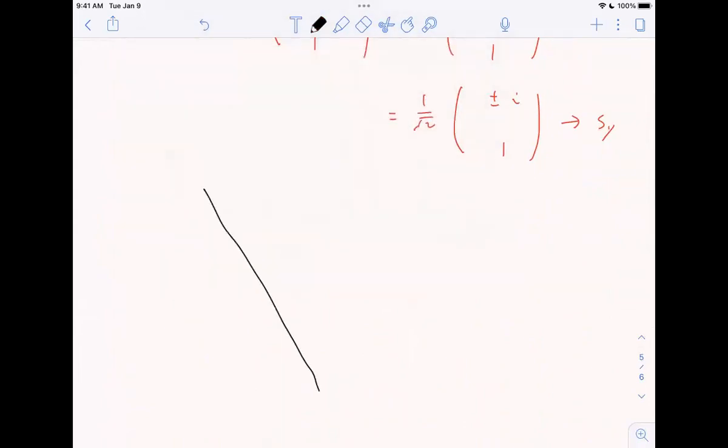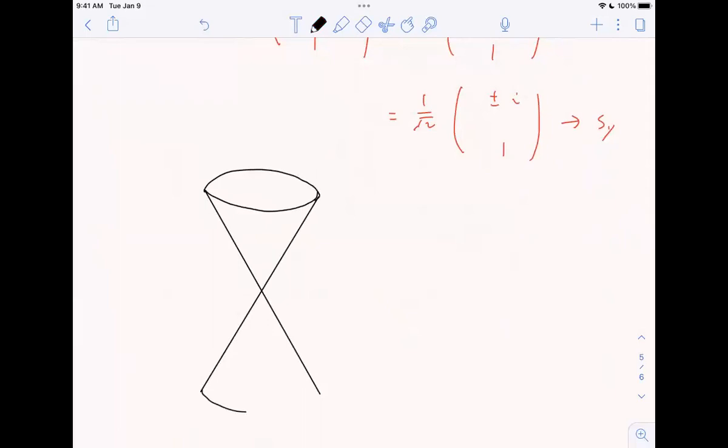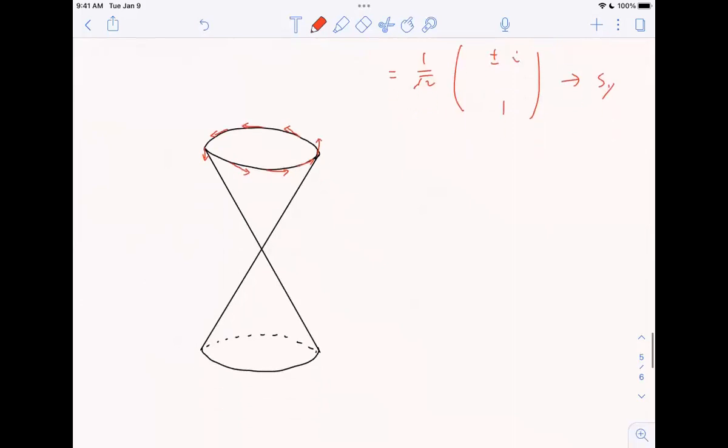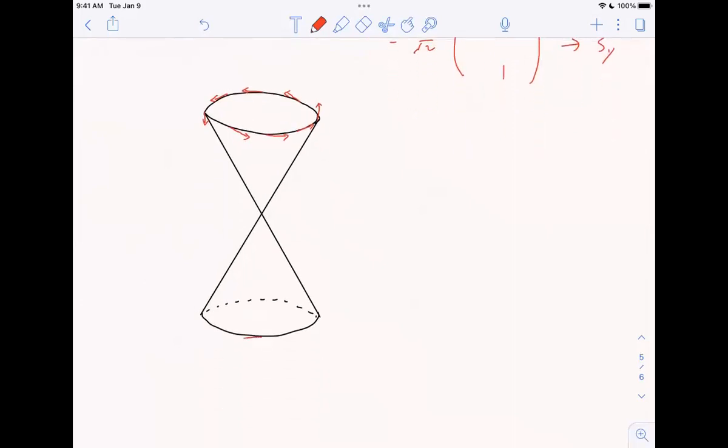So if you put it in a cone, what does the cone look like? The cone will look something like this. And then this is just opposite.